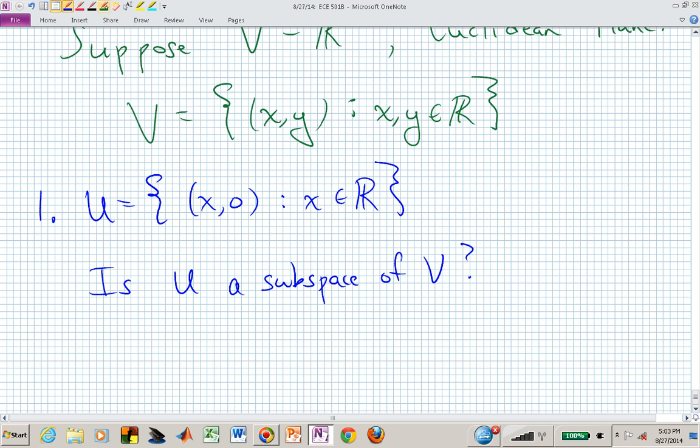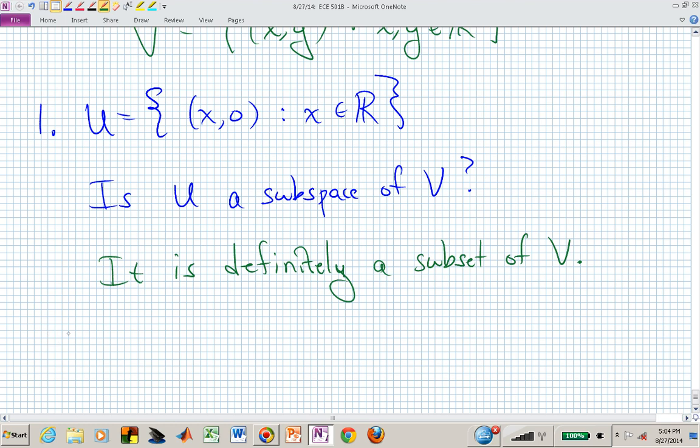It may seem obvious, but let's just show it for this case. I think it's clear that it's definitely a subset of V, right? So U is coming from V. It is definitely a subset of V.